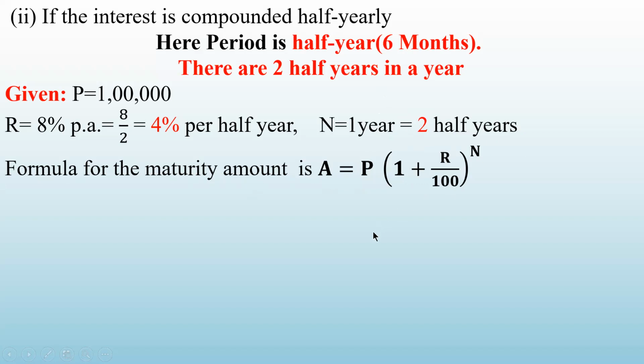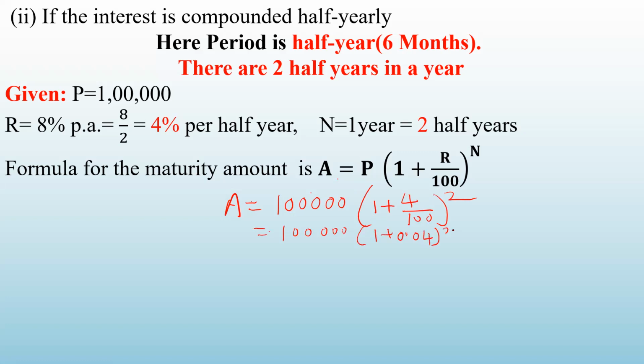So let us calculate. A is equal to P is 1 lakh, 1 plus, in this R is 4 now, 4 upon 100 and N is 2. So this will give you 1 lakh into 1 plus 0.04 raised to power 2.